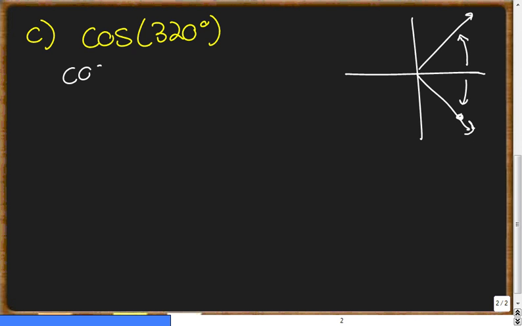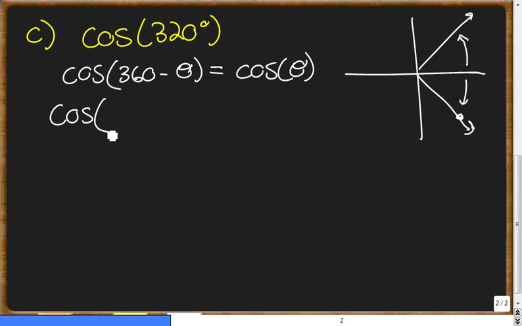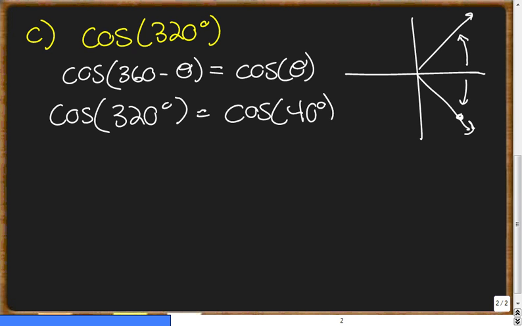I know that the cosine of 360 minus theta is the same as the cosine of theta. So the cosine of 320 degrees has to be the same as the cosine of 40. It's because if I took 360 and took theta away, it would have to be that same point over there.